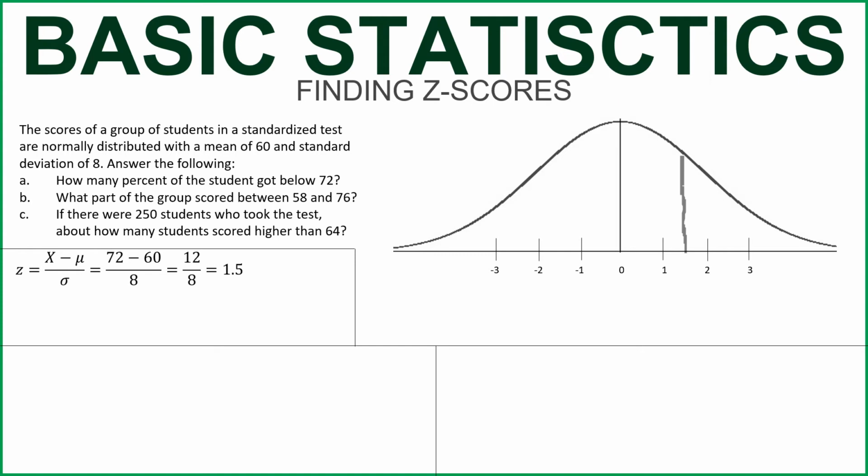Since nakita na natin yung word na below, ano sa tingin nyo yung probability notation ng letter A? Okay. Dahil sa keyword na below, that's why our probability notation is z-score is less than 1.5. Kasi below, mas mababa sa 1.5 or sa 72.